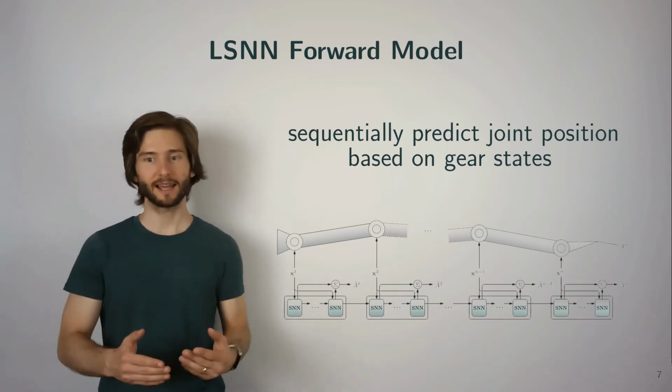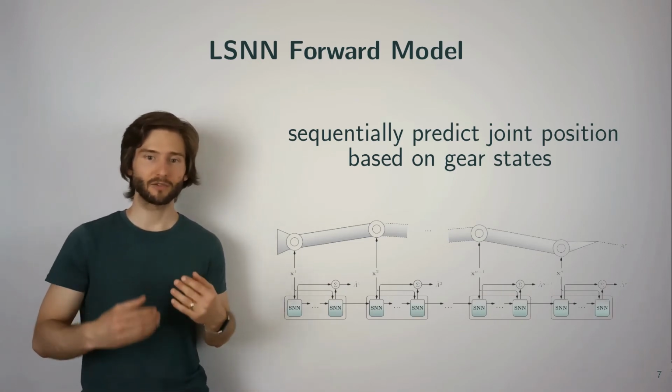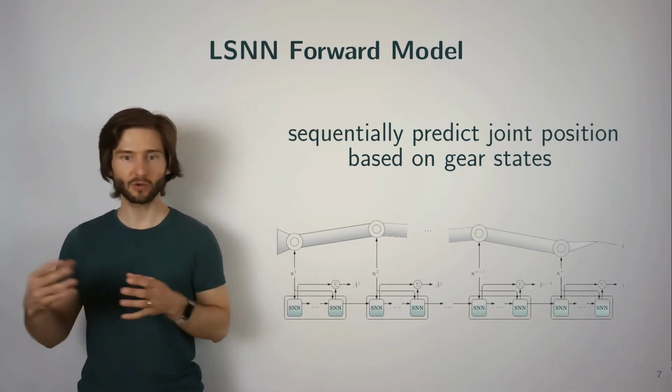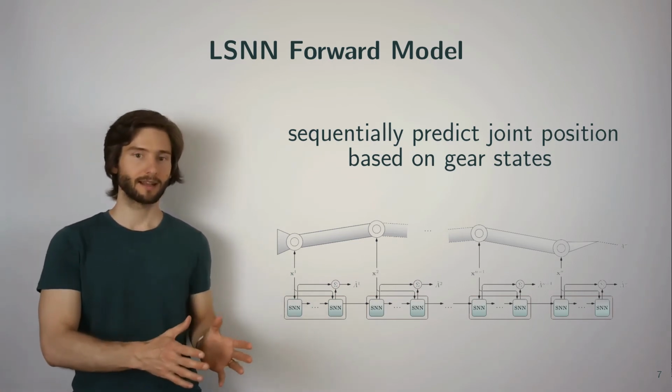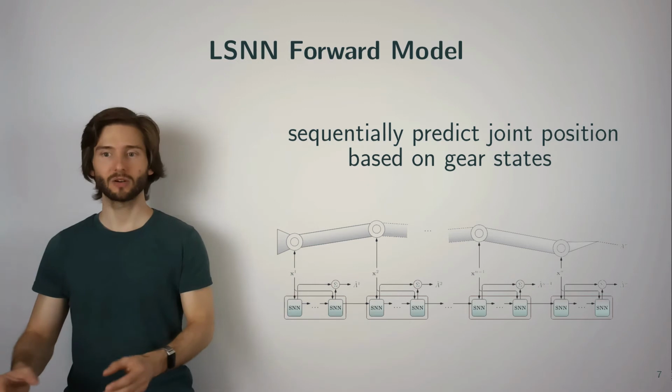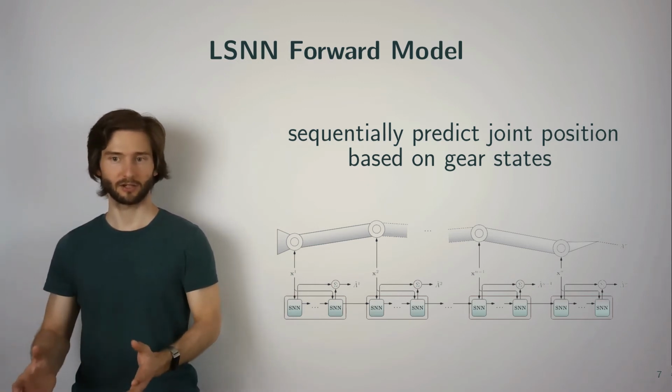And during these last time steps, the network then outputs the position and orientation of that joint. And after this, the network then progresses to the next time window, where it then processes the next joint.